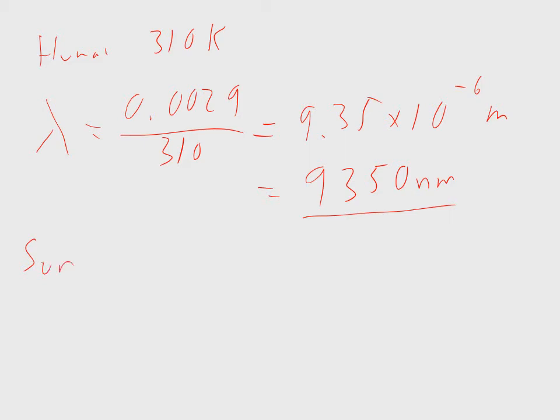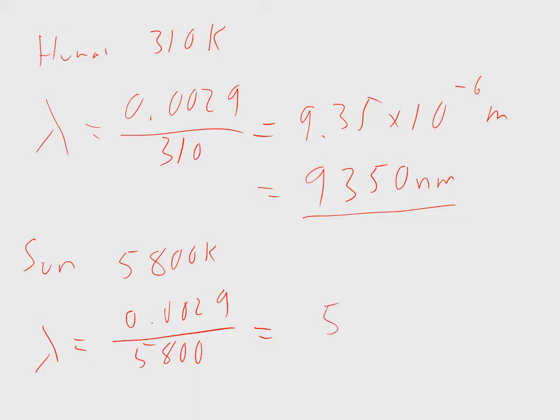The sun, on the other hand, is 5,800 Kelvin. So what wavelength does the sun give off most intensely? If you take 0.0029 divided by 5,800, what you come up with is 5 times 10 to the minus 7 meters.